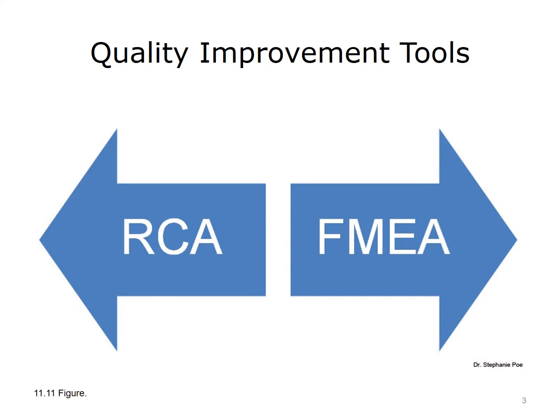The second, failure modes and effects analysis, or FMEA, takes the opposite approach and looks to the future by anticipating errors and putting processes in place to either prevent or mitigate potential harm. However, there are additional tools that can be used to improve safety, such as flowchart analysis or cause and effect fishbone diagram.